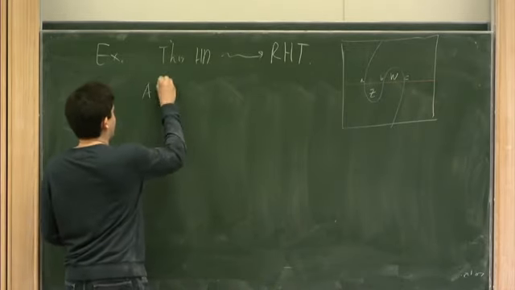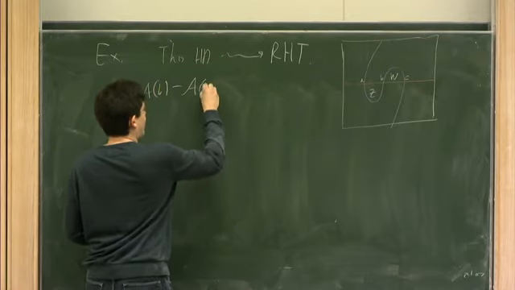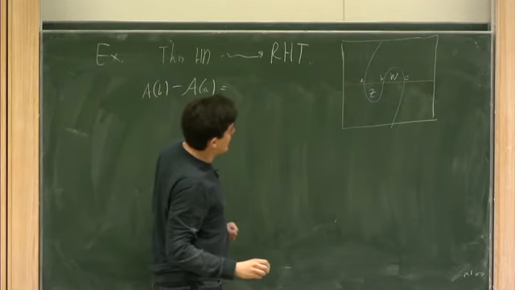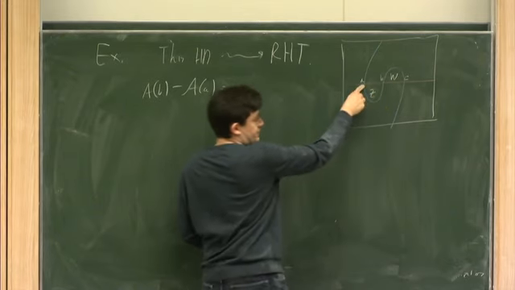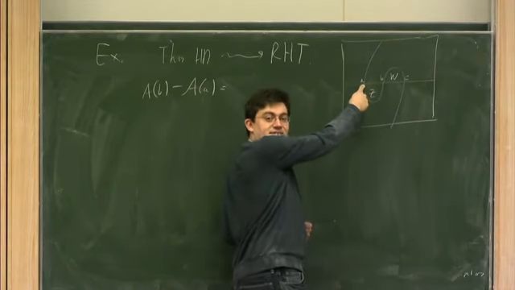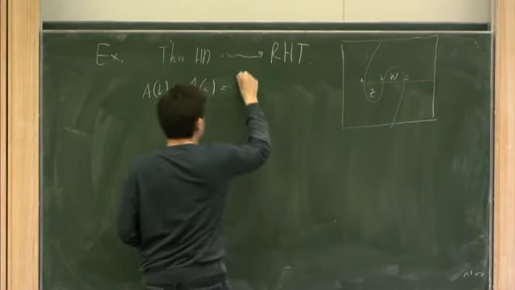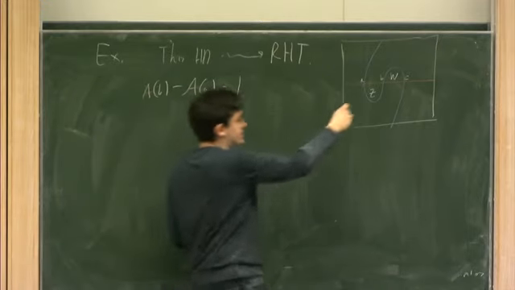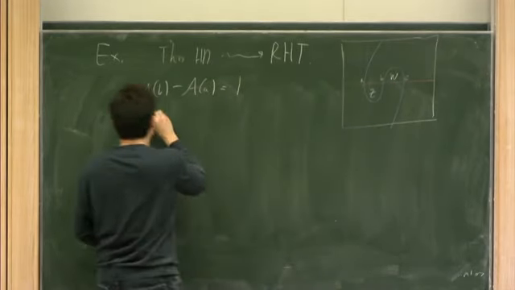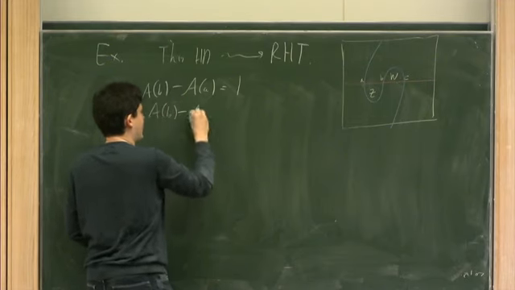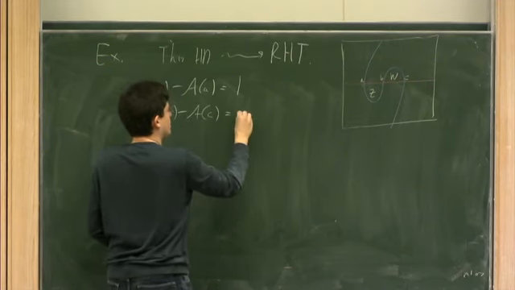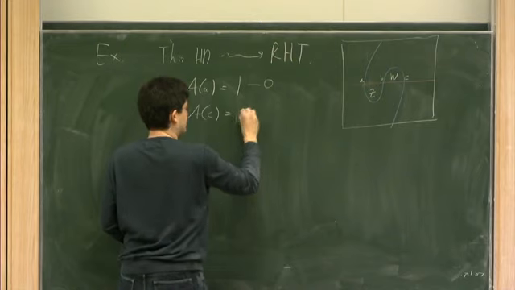A of B minus A of A is equal to, so there's a disk from B to A here, right? So that disk hits Z once and W 0 times, so this is equal to 1. And then similarly, there's a disk from B to C. A of B minus A of C is equal to 1 minus 0, this is 0 minus 1.